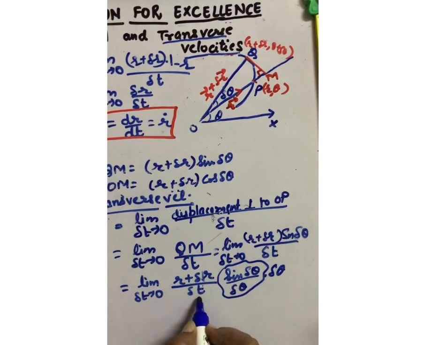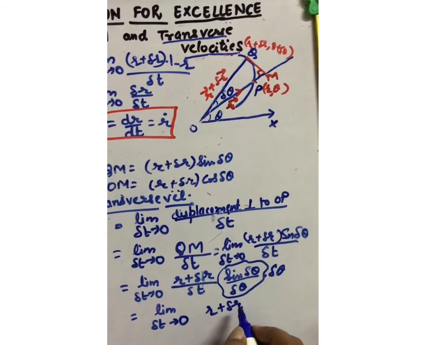So now we are left with limit delta t tends to 0 R plus delta R, sine delta theta by delta theta into delta theta by delta t.